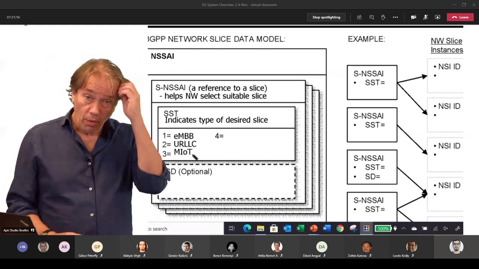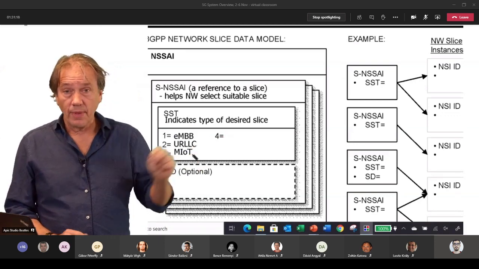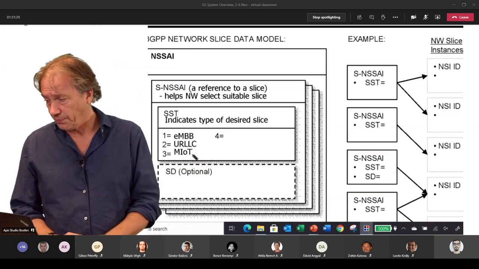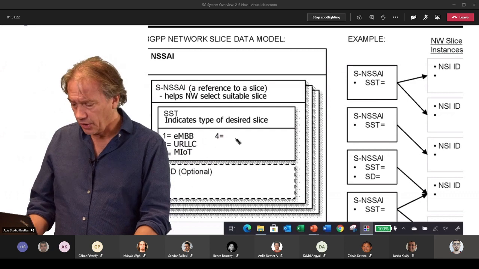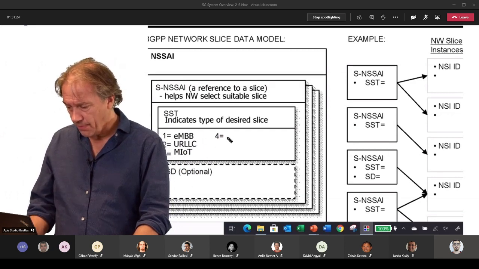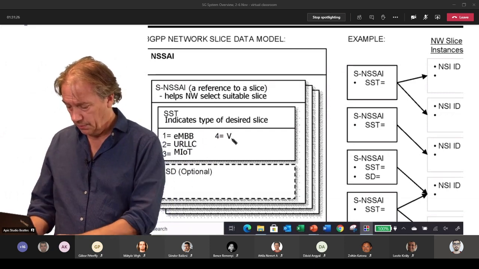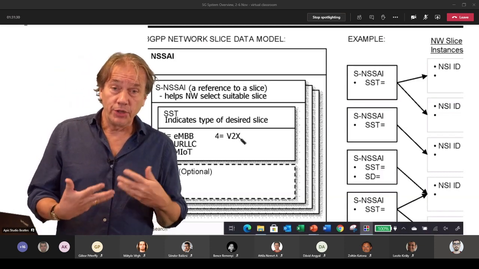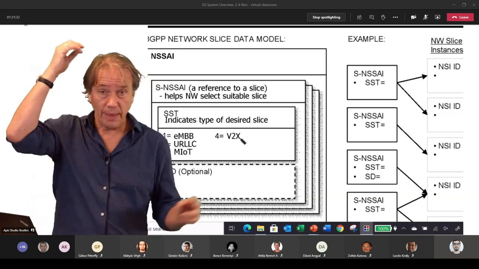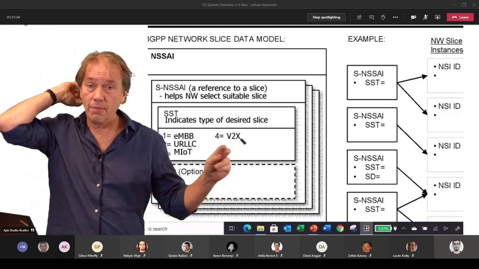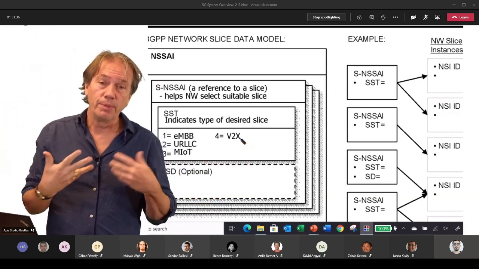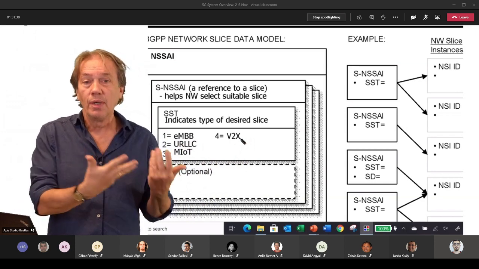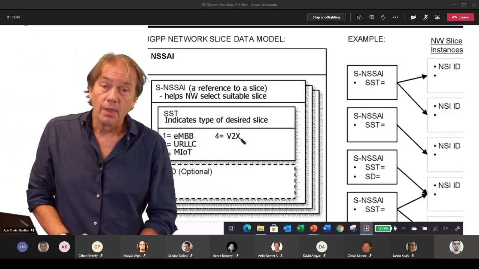And there's actually also a standardized SST value 4, which is for V2X. Vehicle to something else. X can mean vehicle to vehicle, or vehicle to pedestrian, or vehicle to infrastructure.